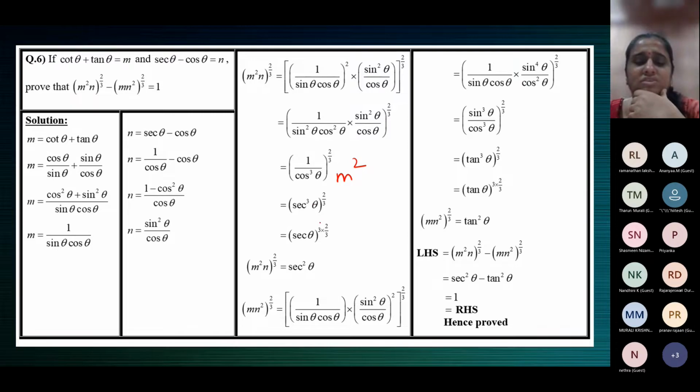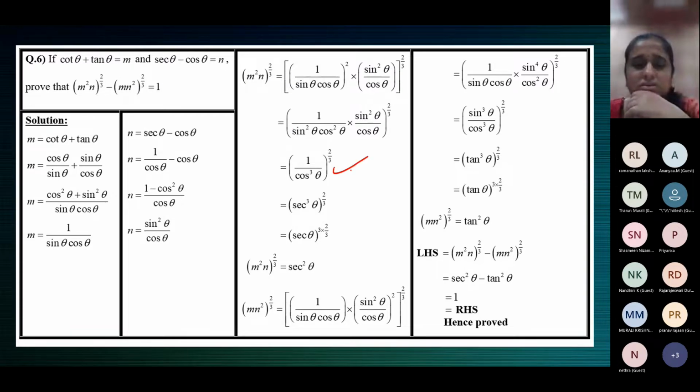In which step do you see secant square theta? This one is secant square theta here. Yes, ma'am. Okay, but no, I'm not getting your question actually.